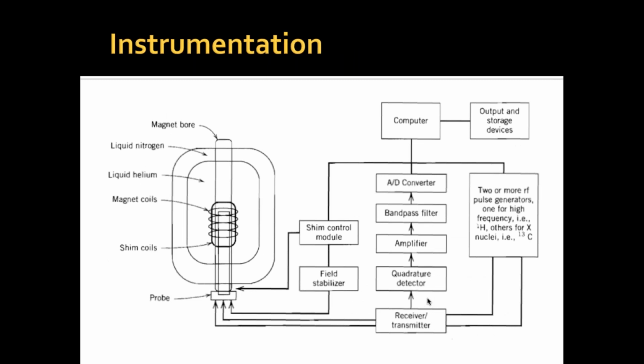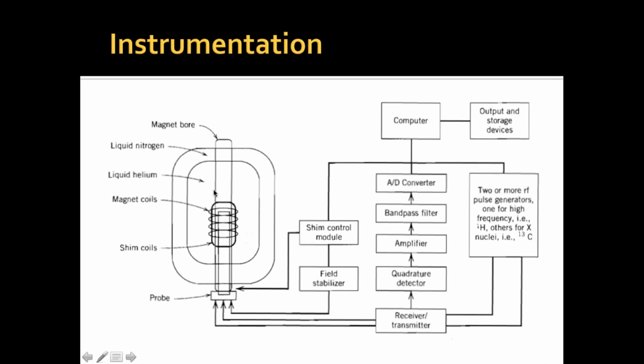Now that amplifier will amplify the signals. Sometimes you have noise because you have some impurities in your sample. You need some filters and a converter, and it reaches the computer, which gives you the output signal, right? So in short, you have your sample in the magnetic bore along with liquid nitrogen and liquid helium in the surroundings.